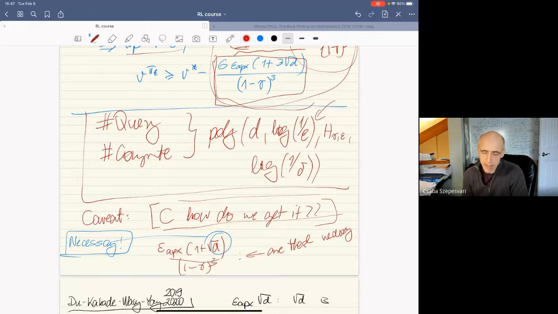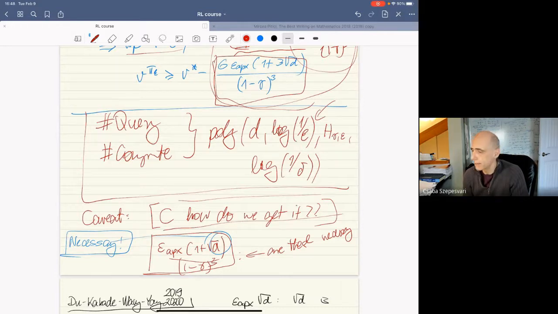So the way the exponential blow-up is avoided here is that we only claim that this is the target accuracy that we will ever reach, which has the square root D blow-up of the approximation error. If we didn't include the square root of D, then the lower bound shows that no algorithm can get away with polynomial query and computation complexity.